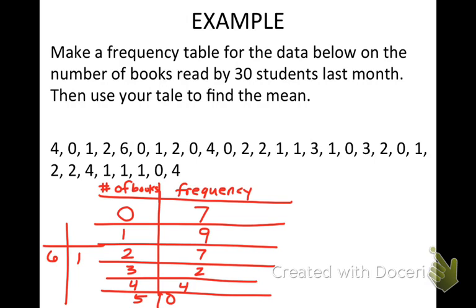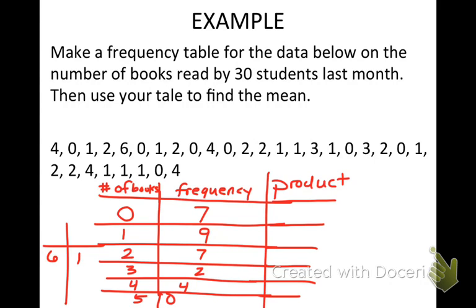So then how would I be able to find the mean? Well, 0 7s would add up to what? 0, right? So then what we need to do is find the product of those numbers. So 0 times 7 is 0. If I had 9 1s, what would that add up to? 9.